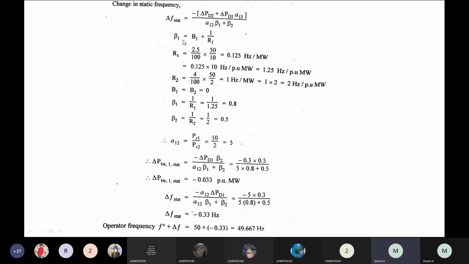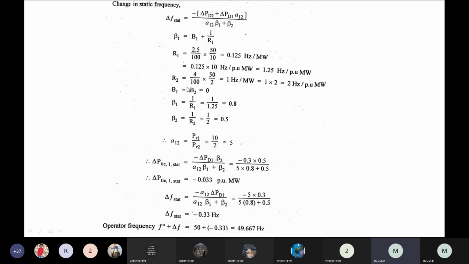So we know that beta 1 is D1 plus 1 by R1. So R1 வந்து பார்த்தீங்கன்னா 2.5 by 100 into 50 by 10, that is 0.125 hertz per megawatt. So 0.125 is multiplying with your 10.